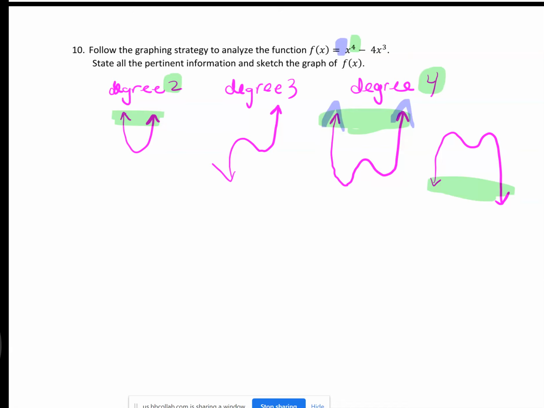So step 1 is where we analyze the function. You're going to analyze f of x. And you have to pick out 2 important points. The important points you need to pick out are the x-intercepts and the y-intercepts.